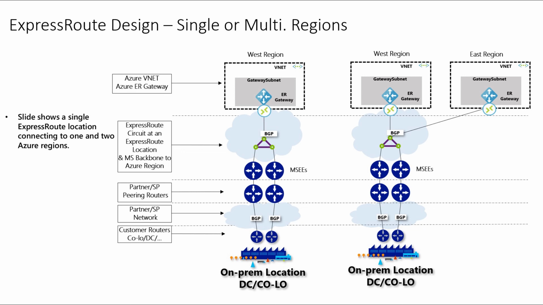Very important. Finally, the connection is terminated on the ER gateway, which then allows traffic from on-premise to enter the Azure Virtual Network and hence reach the resources within it. Okay, that's all about single and multi. I just wanted to give you an overview of how the flow actually works, right?